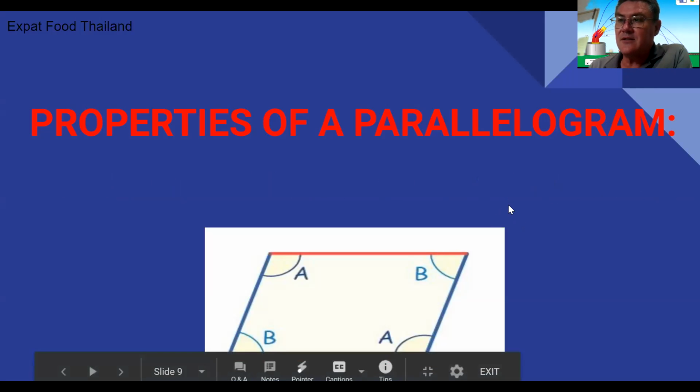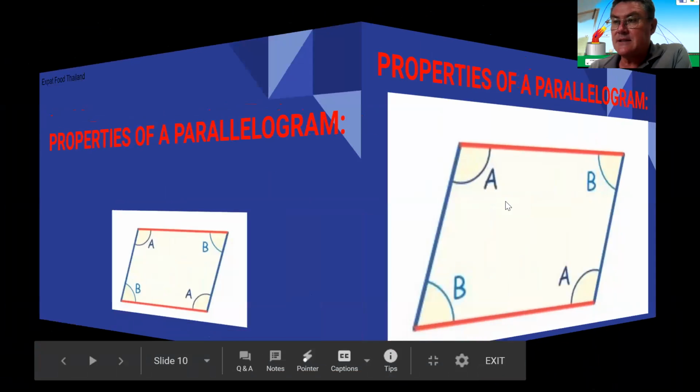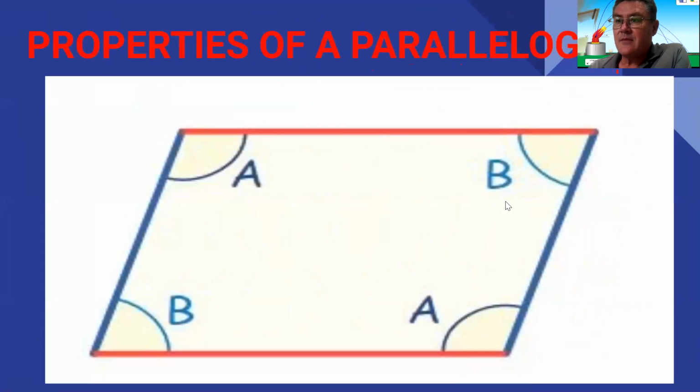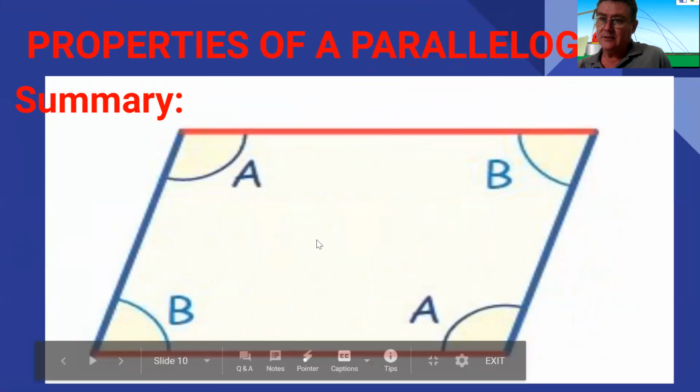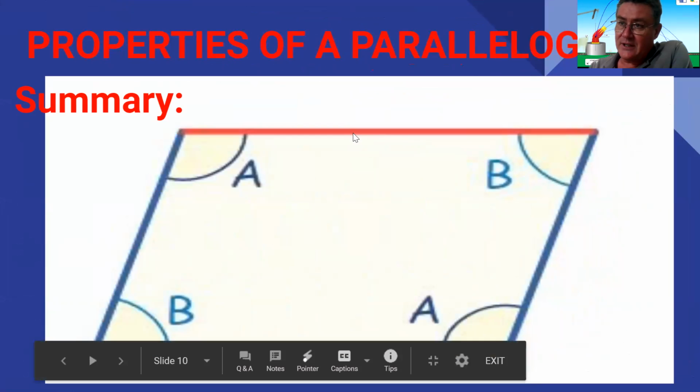Use your parallelogram to find the properties of the parallelogram. Okay, so I'm going to give you guys 5 minutes, a pen and a piece of paper, and you write down all the properties of the parallelogram that you've got. The first one would be the sides.